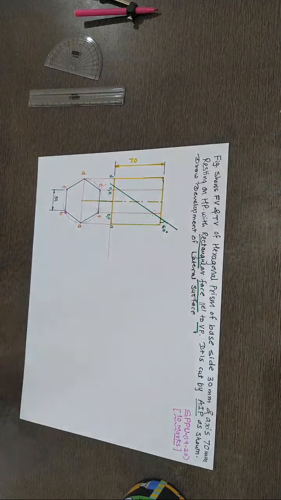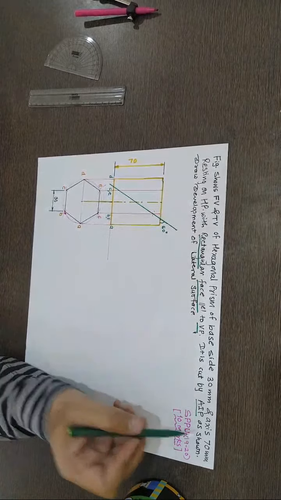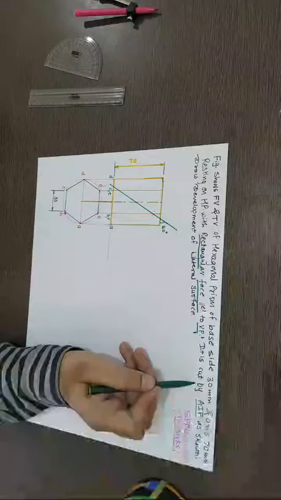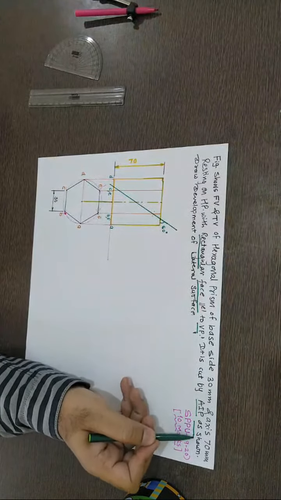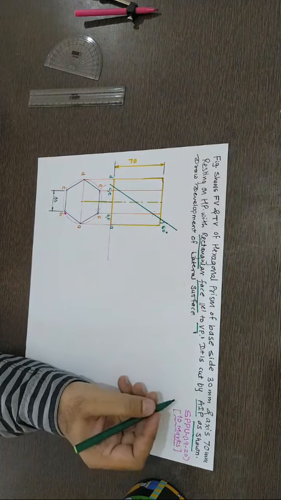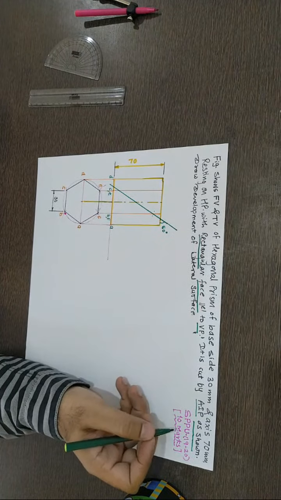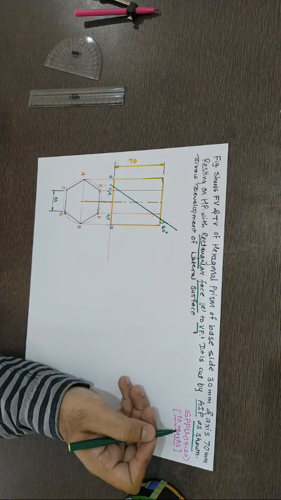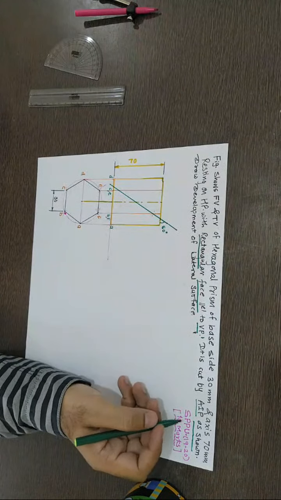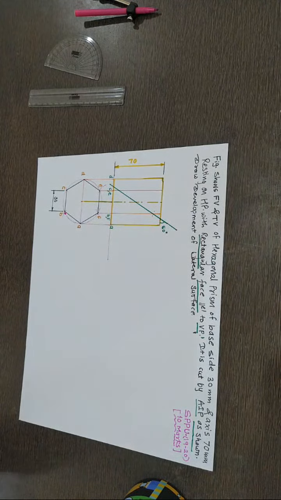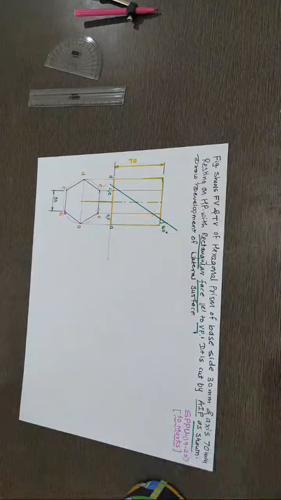That's a condition. If the diagram is not given, they may change the statement to: the cutting plane is inclined at 60 degrees to HP and is bisecting the axis. The same you need to draw. So we'll discuss how you can draw it and how you can start. I'll explain first.